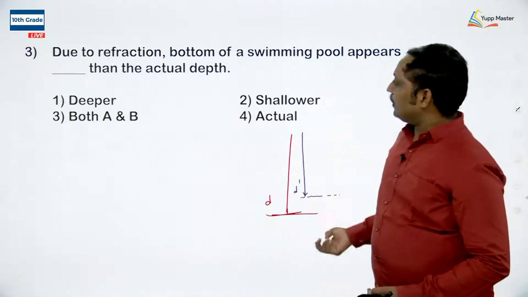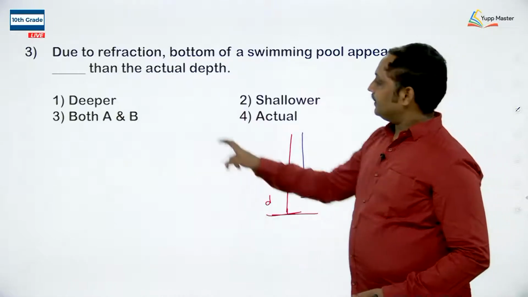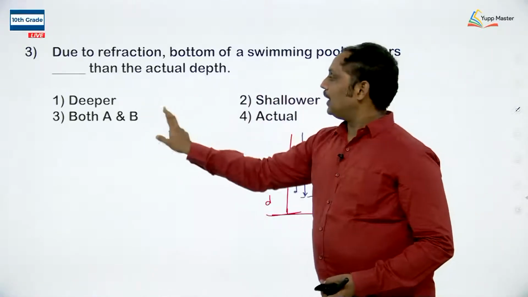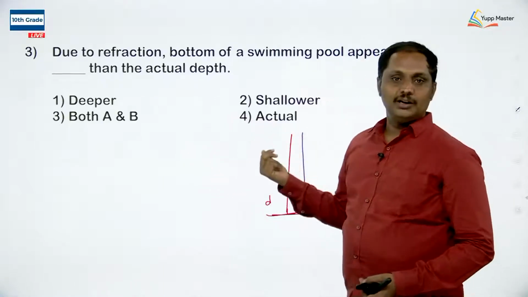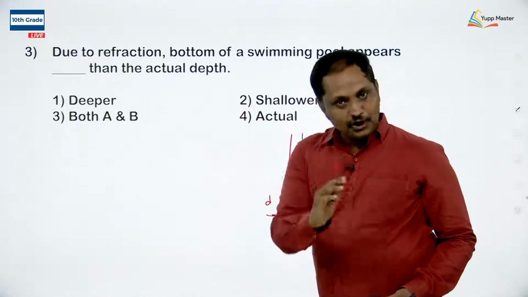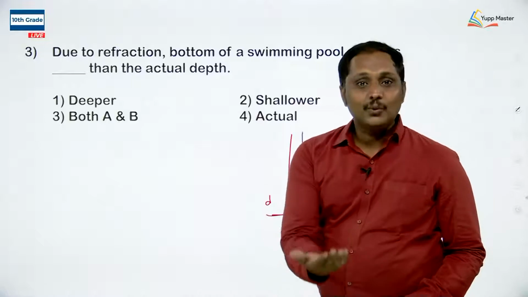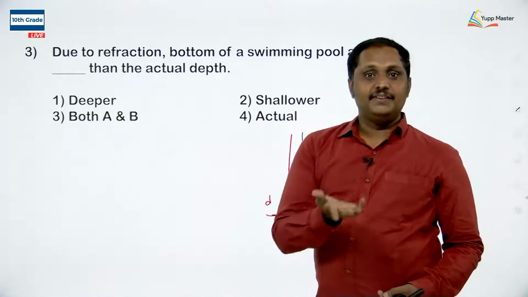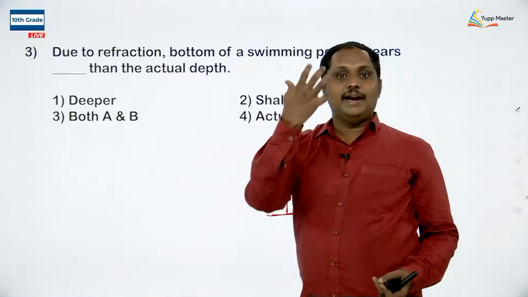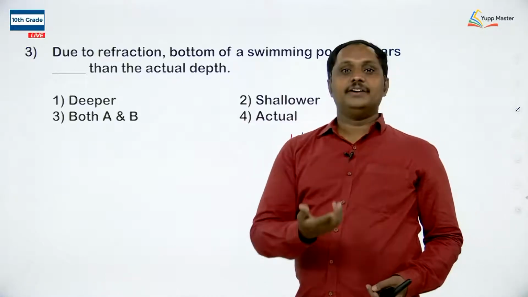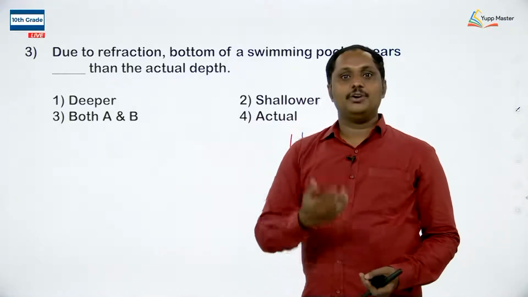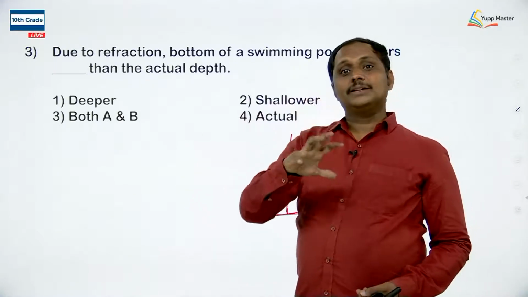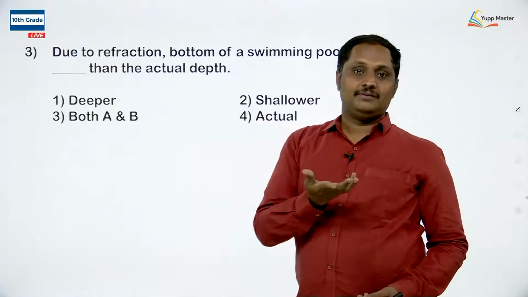So, if you look at the options, deeper, shallower, both A and B, actual. Due to the phenomenon of refraction, it appears raised. Say, if the actual depth is 100 centimeters, it appears like 90 centimeters.